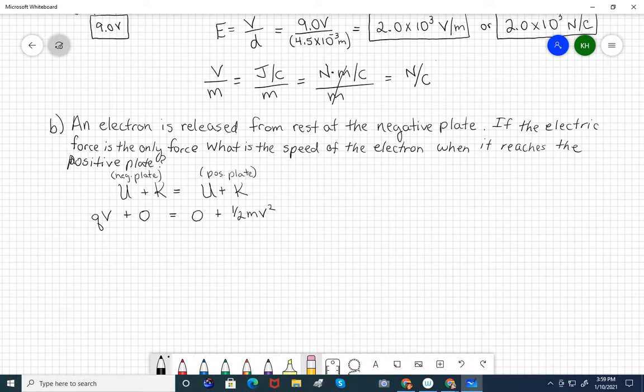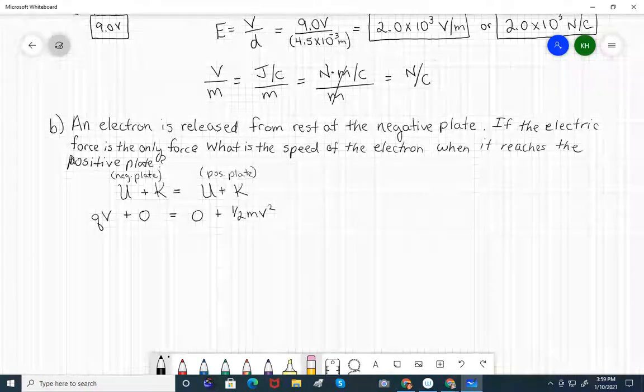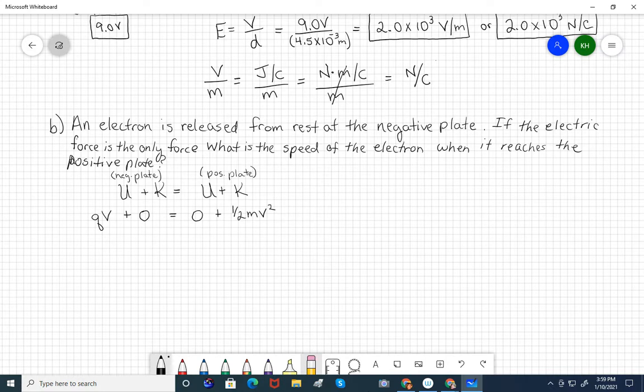It's very similar to problems we worked early in the year, only instead of having mgh for potential energy, we have qV, because now our potential energy is electrical in nature instead of gravitational. We're going to need to know some numbers for an electron.